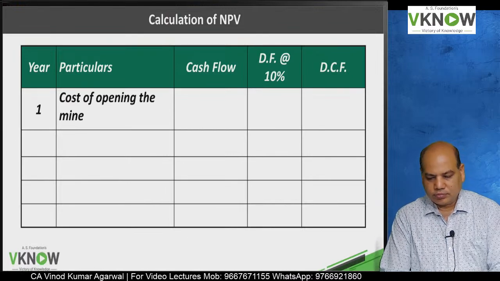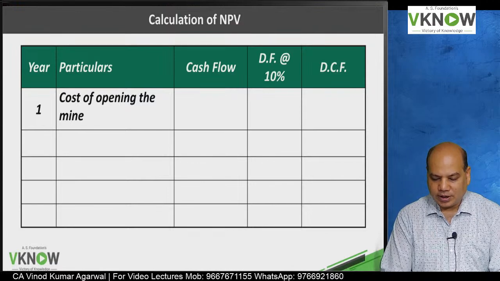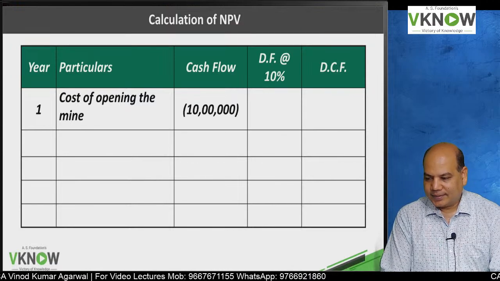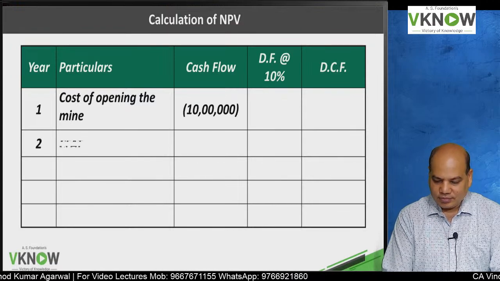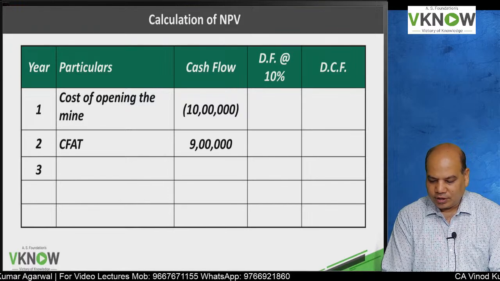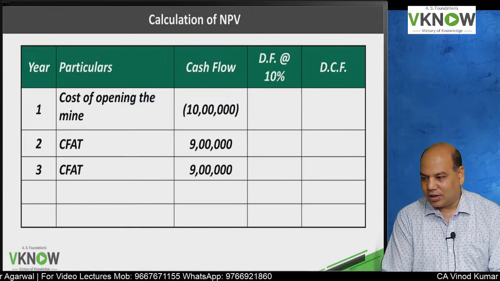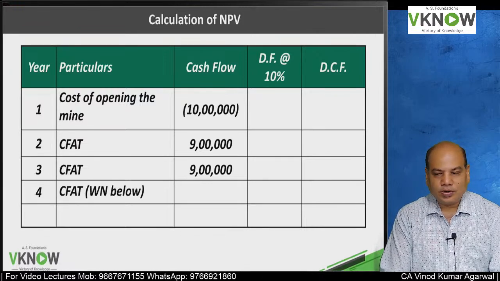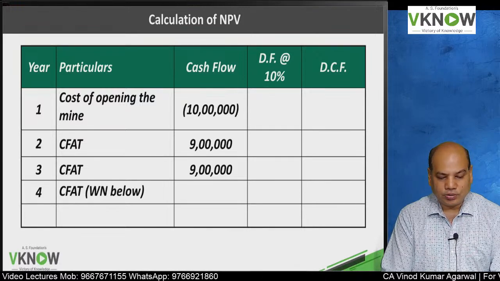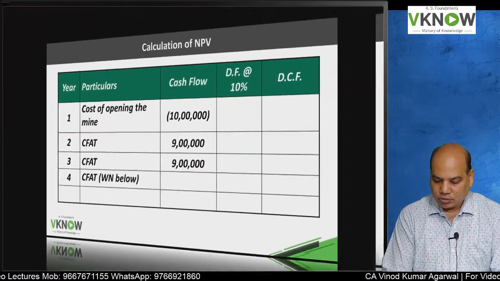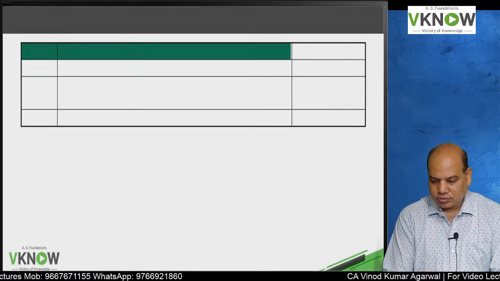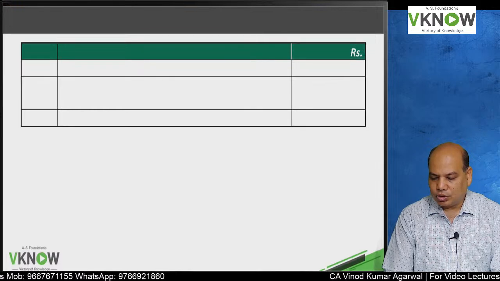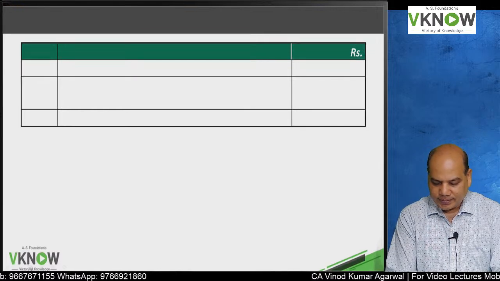Year 1, cost of opening the mine 10 lakh. Year 2, CFAT 9 lakh, year 3, 9 lakh, year 4, working note below. For 4 we'll prepare a working note. Write down working note, calculation of cash flow of year 4.